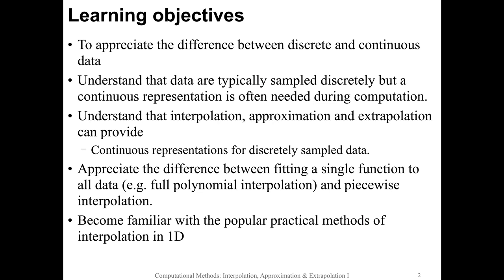We want to be able to evaluate an estimate for some measurement at arbitrary locations and not just at the discrete locations where we sample the function. There are three main methods that we can use to help us get that continuous representation, and that is interpolation, approximation, and extrapolation. And to become familiar with some of the popular techniques of carrying out interpolation.